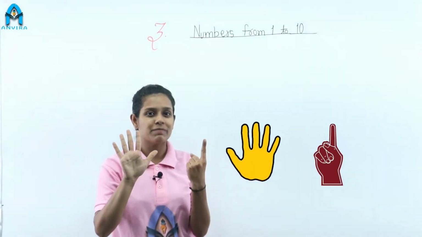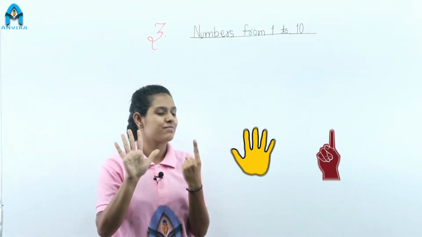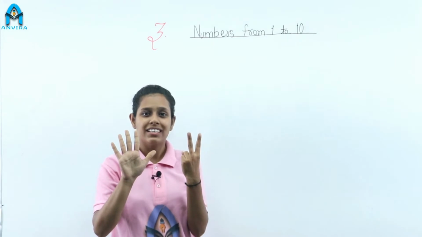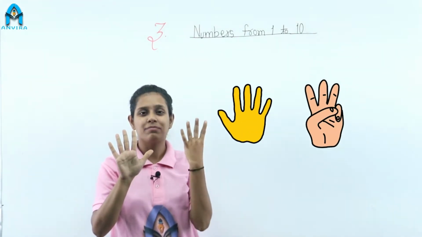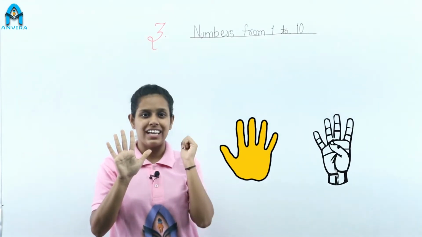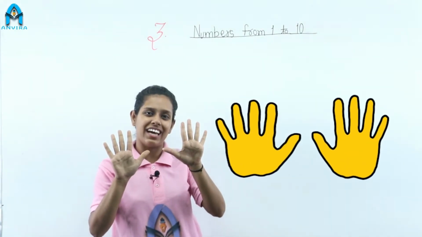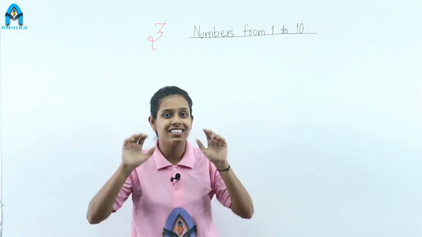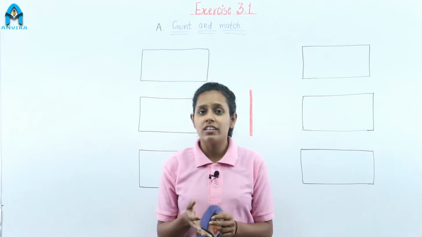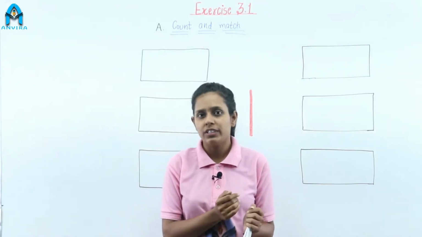Next, number 6. Next, 7, 8, 9 and 10. How many fingers are in both our hands? 10 fingers. We learned about numbers 1 to 10.